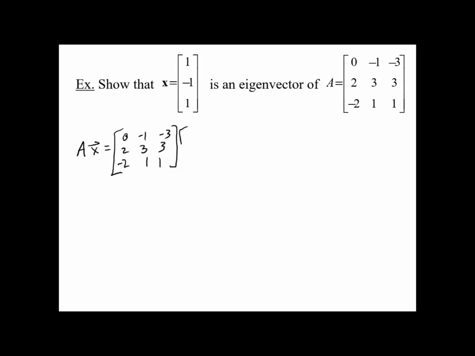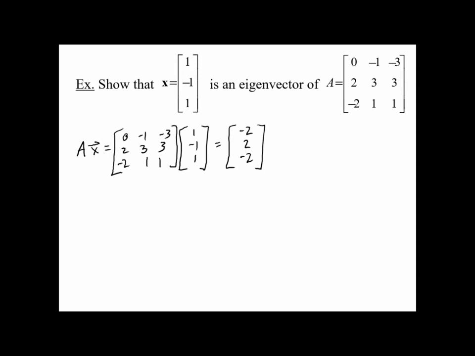We're going to multiply that by x. On the top, I'm going to get 0 plus 1 minus 3, so negative 2. Then we get 2 minus 3 plus 3 is 2. And then negative 2 minus 1 plus 1 is negative 2. So multiplying A times x, I got this result.